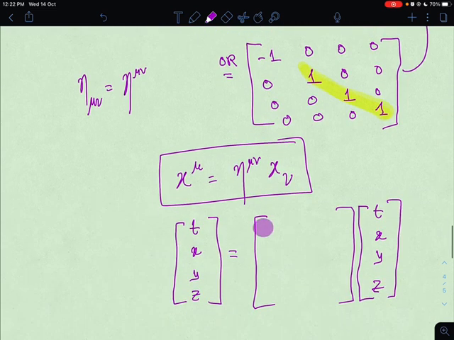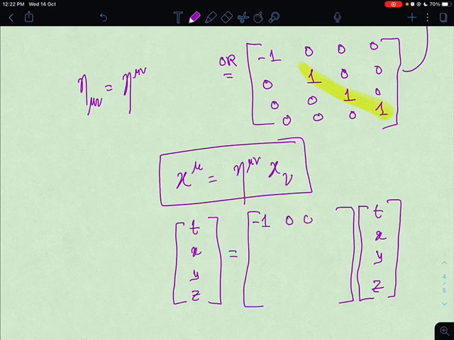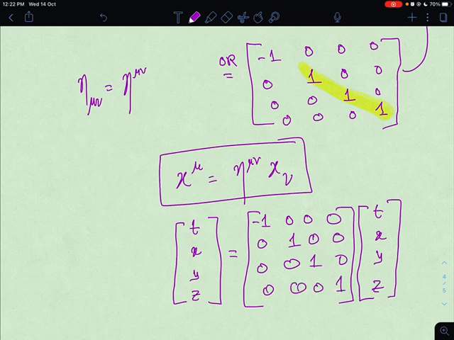So then my metric would be minus 1 0 0 0, 0 1 0 0, 0 0 1 0, 0 0 0 1. So that gives me minus, plus.